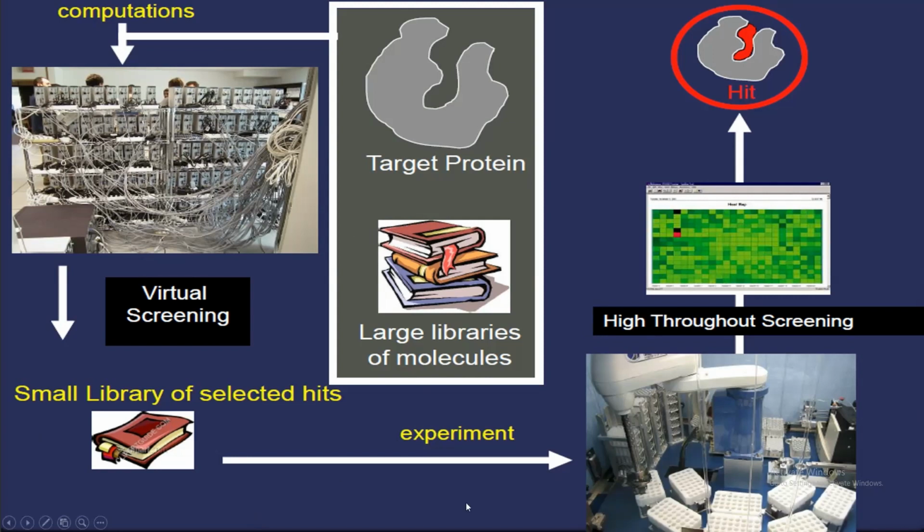So usually you can buy large libraries of molecules. You can also buy the proteins. You can buy virtual libraries, then you screen these virtual libraries, come up with the best molecule, order this best molecule, do the robotics, and come up with the hit molecule. We also have the robotics here.